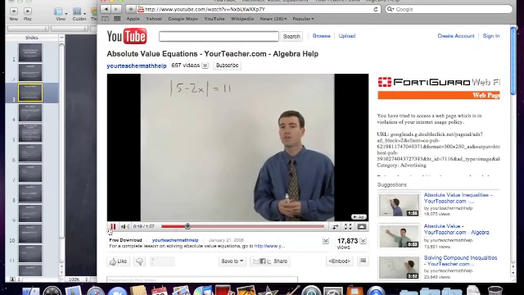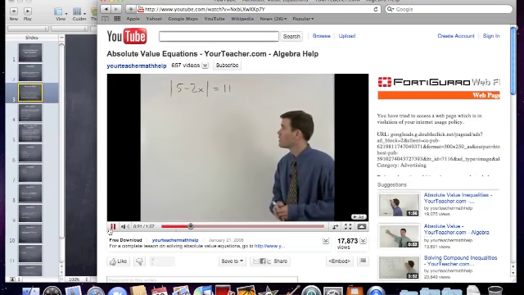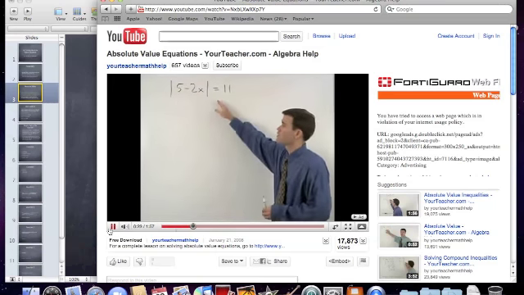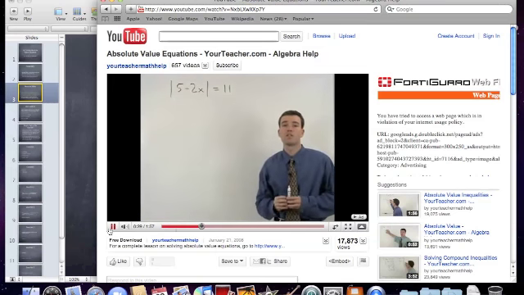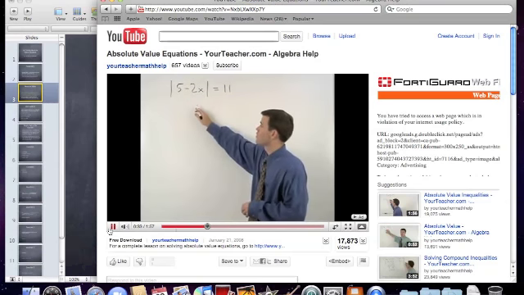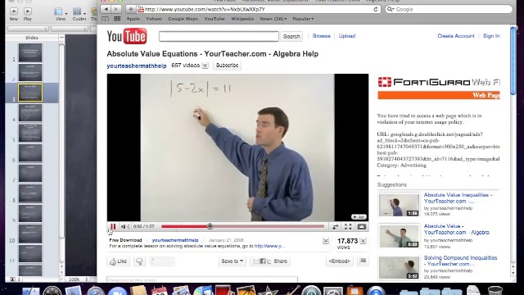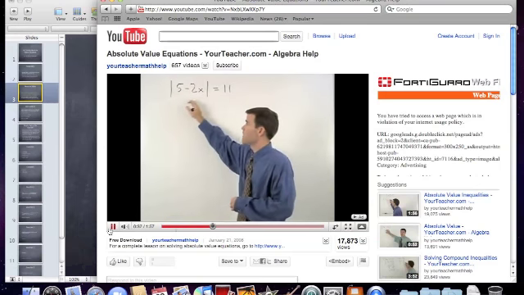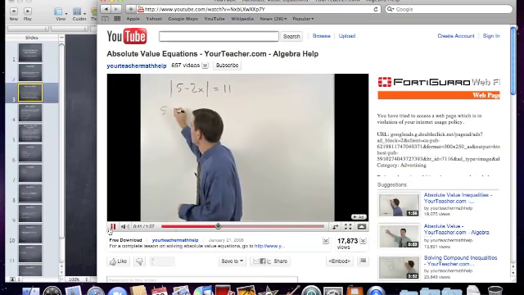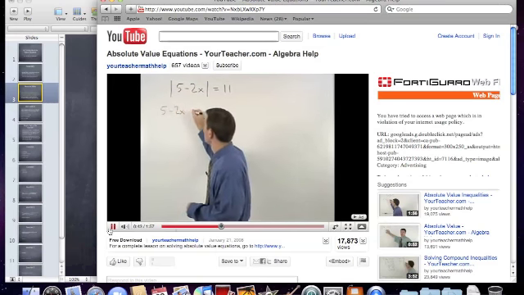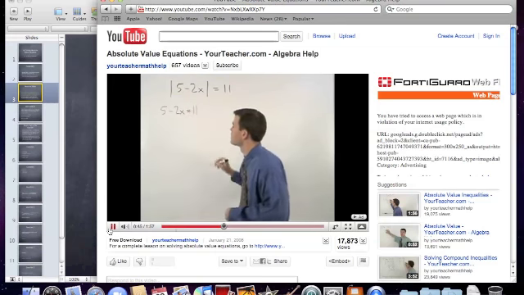Using the rule we learned in the previous example, we can solve the equation |5 minus 2x| equals 11 by first splitting things up into two separate equations. Our first equation will look exactly like the original, except for the absolute value signs, so we have 5 minus 2x equals 11.